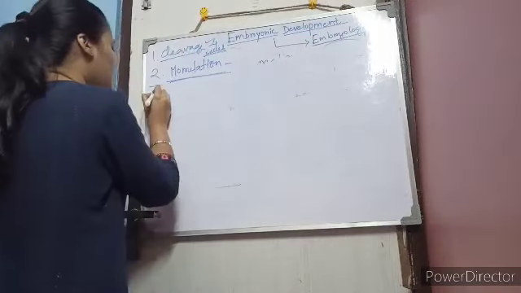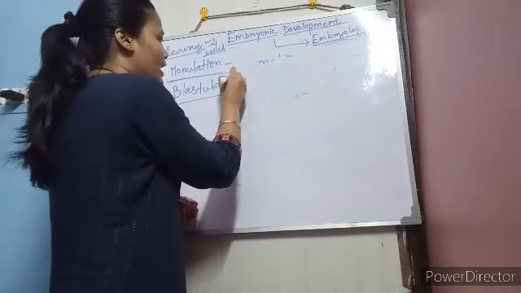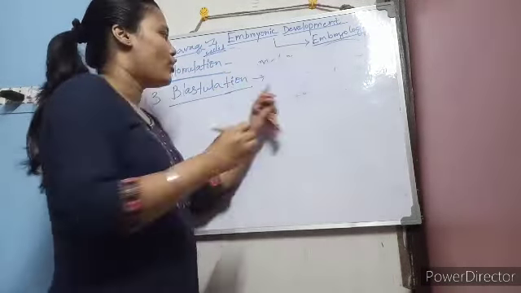Now, number 3 is the blastula. What is blastula? Blastula means the formation of the blastocyst. That is blastulation. This is the process, the formation of the blastula and nothing else.